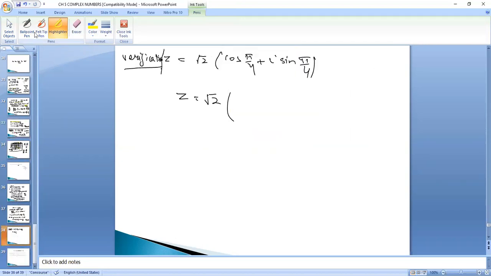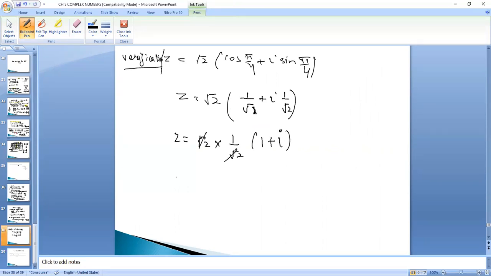So we have to write it as cos pi by 4, 1 by root 2, plus iota, sin pi by 4 means again 1 by root 2. Z is equals to root 2 into 1 by root 2 common. We are left with 1 plus iota. Root 2 cancel. Z is equals to 1 plus iota.